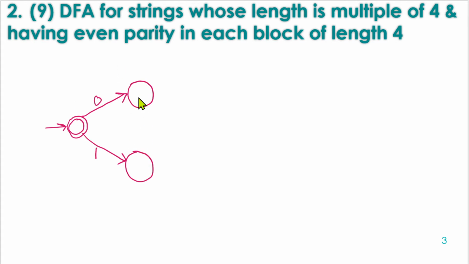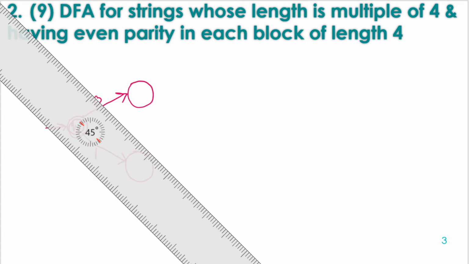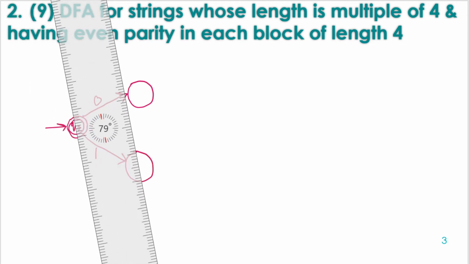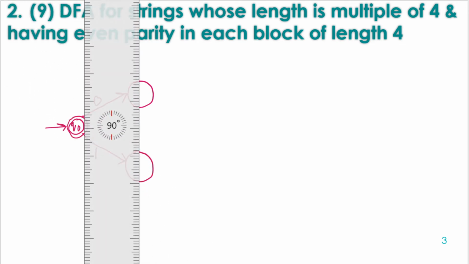Being on these two states means we have received input of length 1. Let me name these states. We have to keep track of length, because we are given the constraint of length 4. So this is length 1.